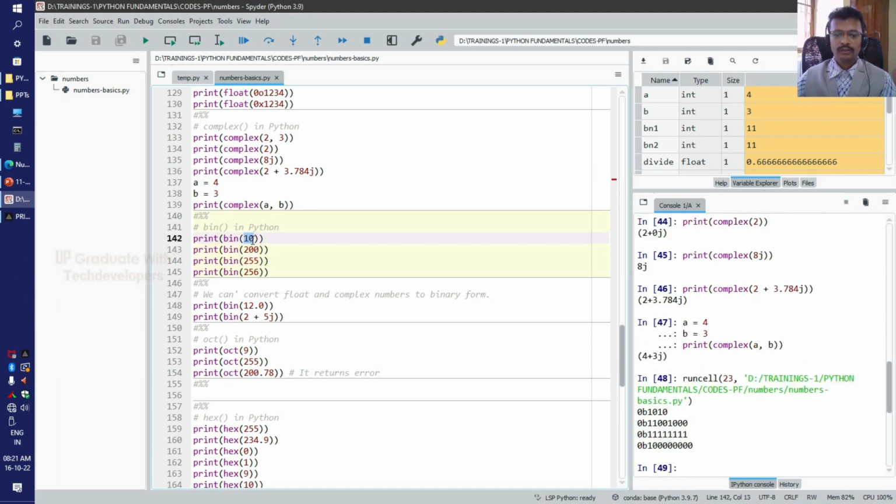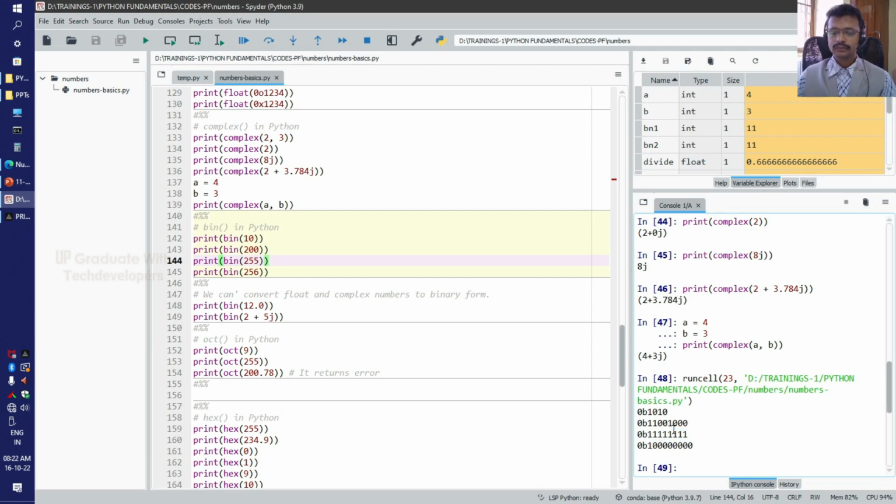So 10 can be expressed in binary form as 1010 and 200 as 1100100, and we know that the highest value in an 8-bit binary number is nothing but 11111111. All the 8 digits have 1.